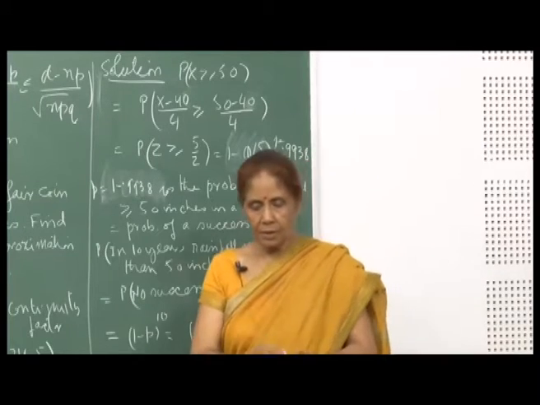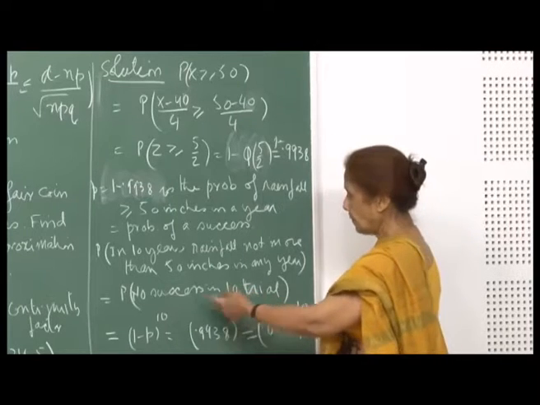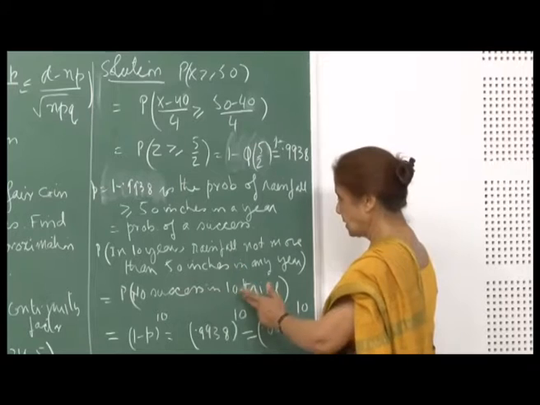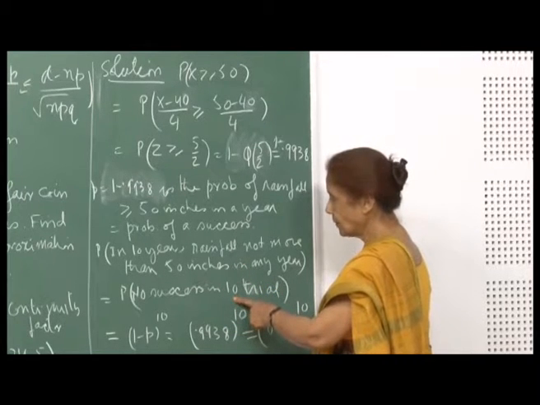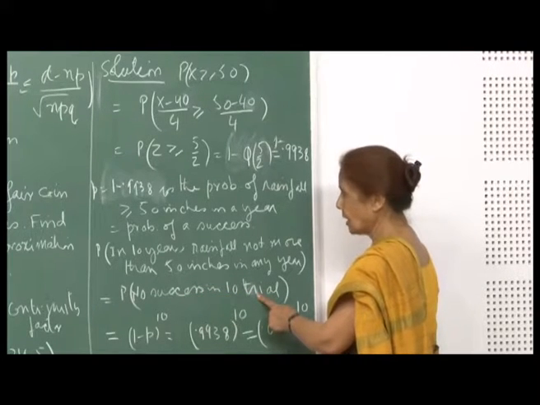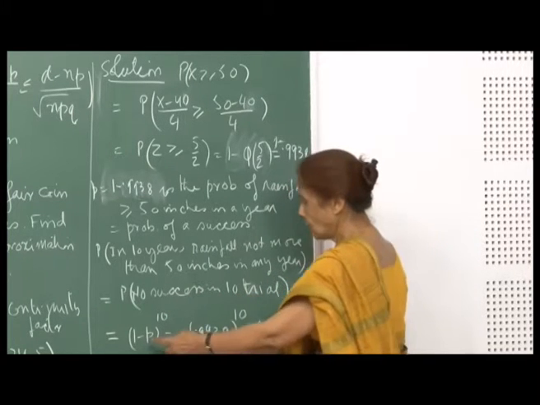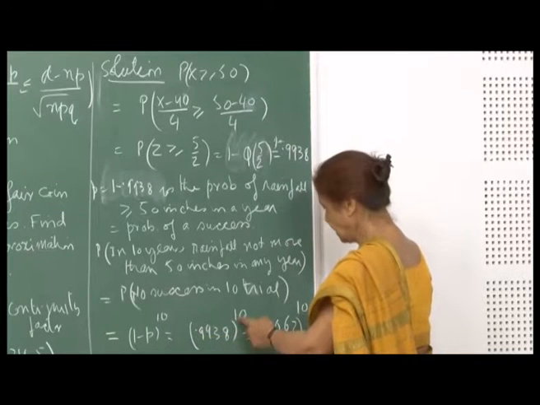So, I treat every year as a trial, where you add up the total rainfall in that year, and then you are saying that in 10 years, in none of the years that you count beginning from this year, the rainfall is more than 50 inches. That means, in other words, there is no success in these 10 trials. And so, the probability of no success in 10 trials would be (1 minus p) raised to 10, which would be 0.9938 raised to 10.